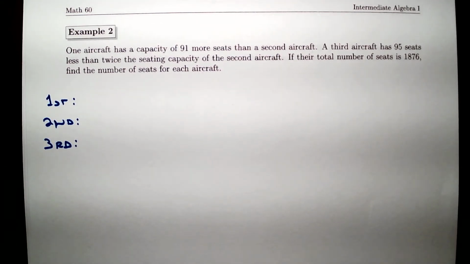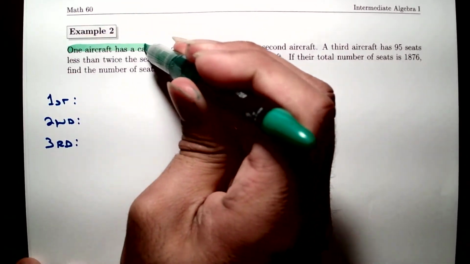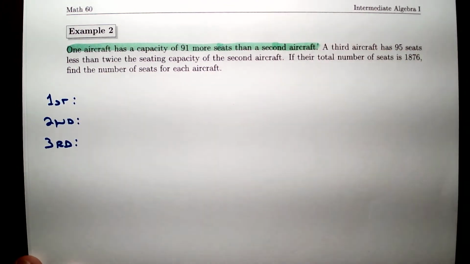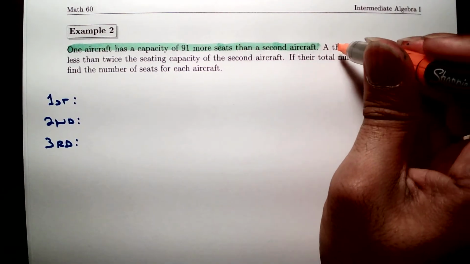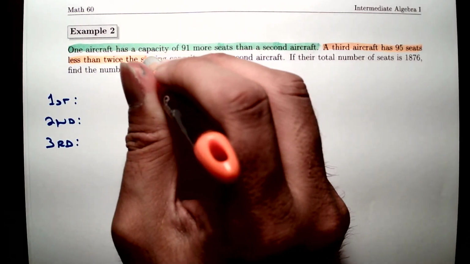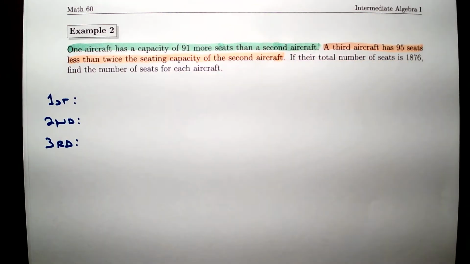One aircraft has a capacity of 91 more seats than a second aircraft. And then a third aircraft has 95 seats less than twice the seating capacity of the second aircraft.